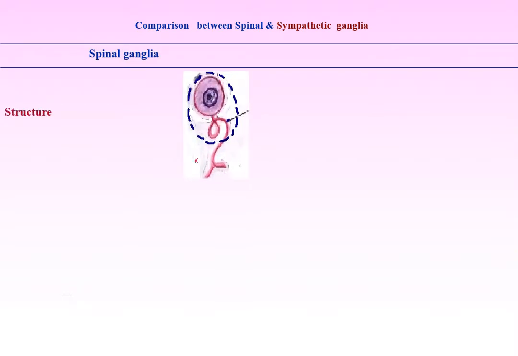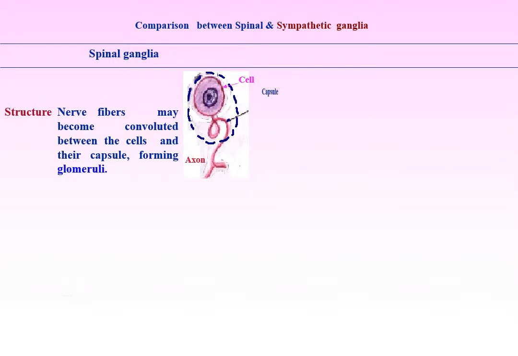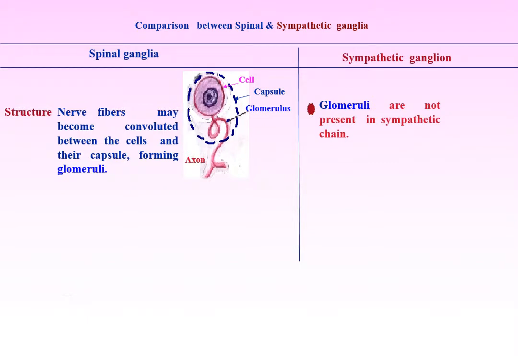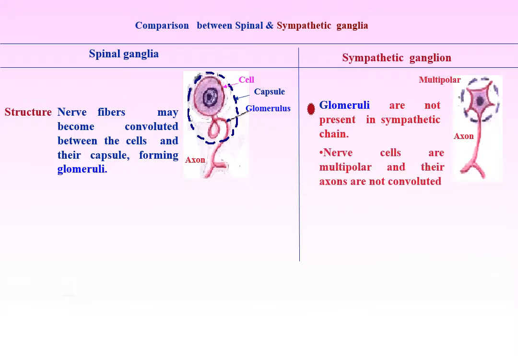In spinal ganglia, the axons of nerve cells may become convoluted between the cells and their capsule, forming glomeruli. Such glomeruli are not present in the sympathetic ganglia, as nerve cells are multipolar and their axons are not convoluted.